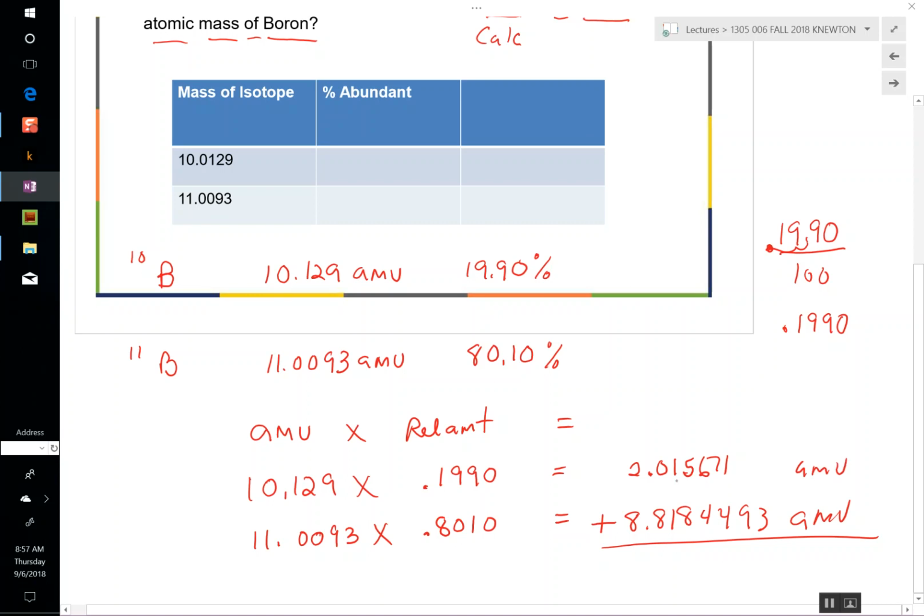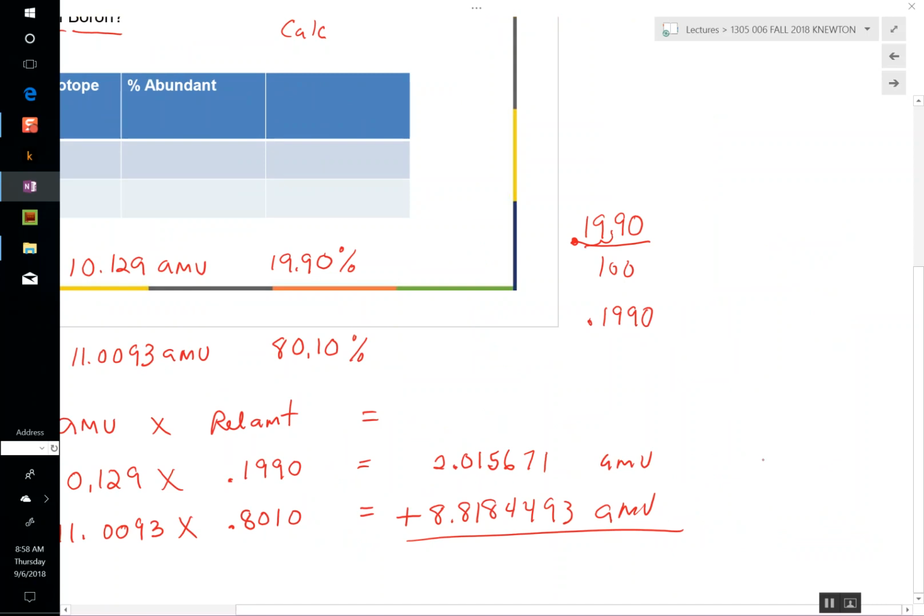And I don't know if I got this set up right. You don't necessarily need to keep all those digits. What I would do is 2.02, I'm rounding this off, and 8.82. Let's see if that comes out all right for us.